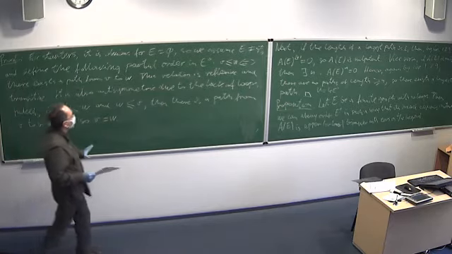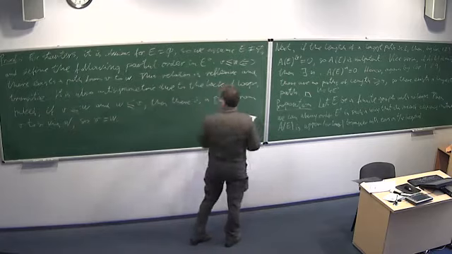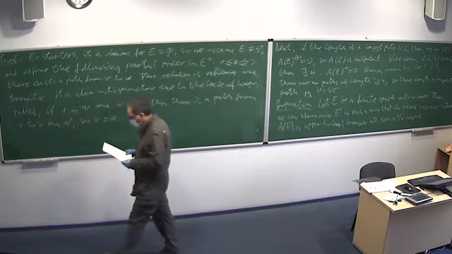So we have a partial order in our finite set of vertices E0. So it's a poset.